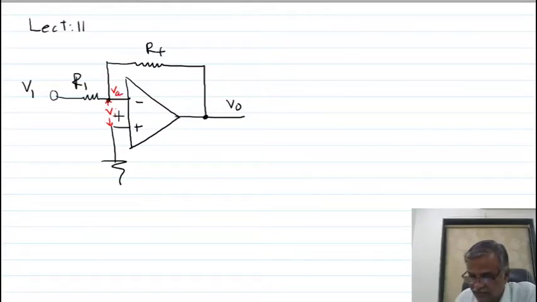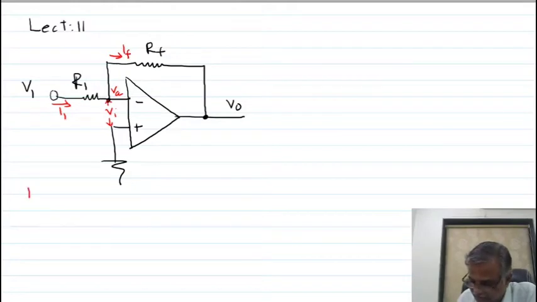Due to infinite input impedance, the input terminal of the op amp does not draw any current. We can say that the current passing through R1 and the current passing through RF are equal.